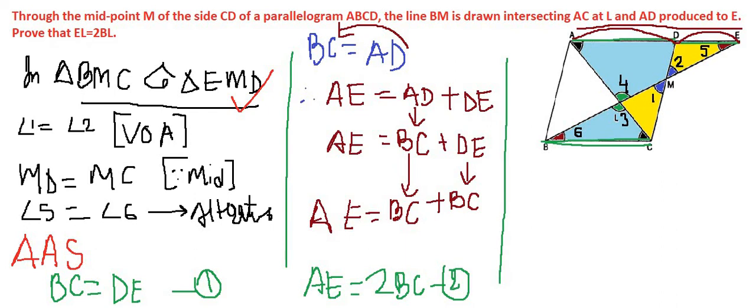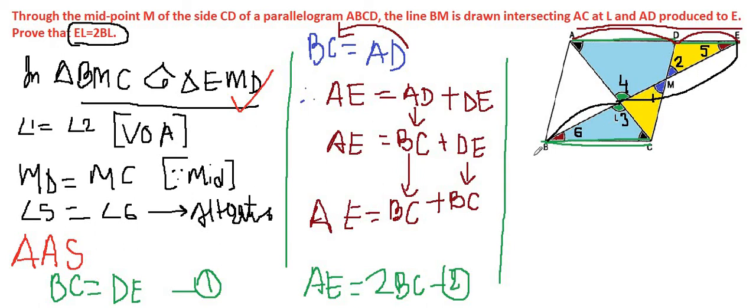Now, finally, because we have to find the ratio of EL and BL, where is the EL? This EL and BL means we have to take these two triangles where BL and EL will be the sides.